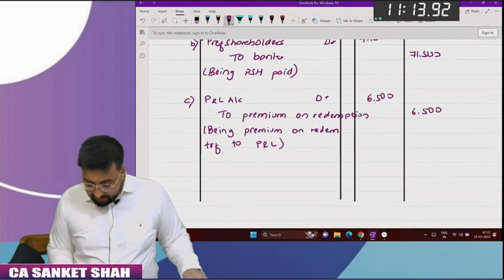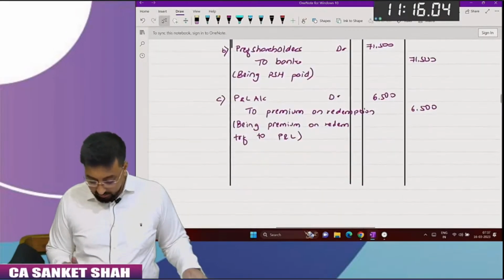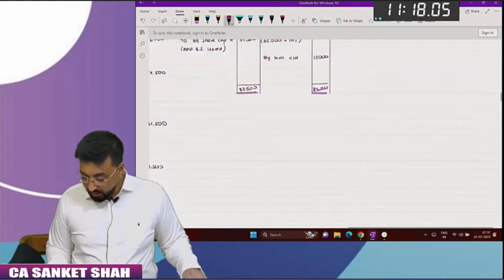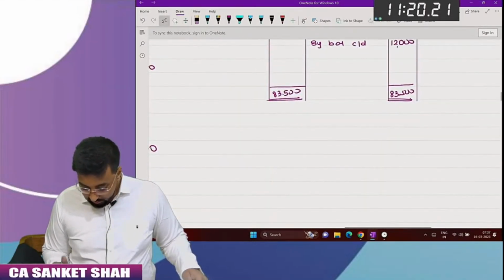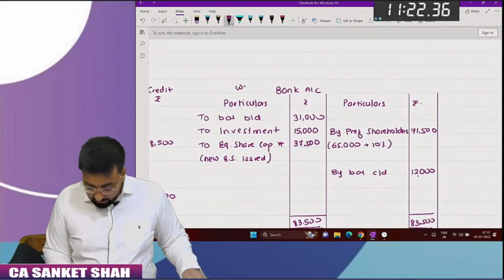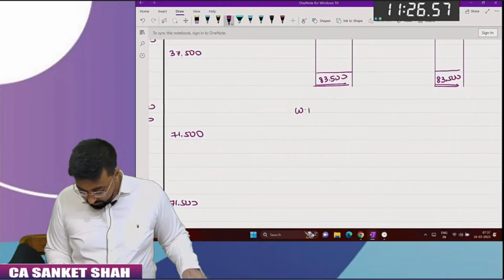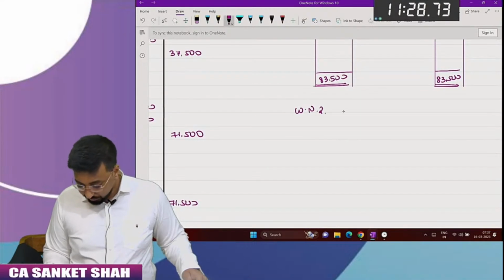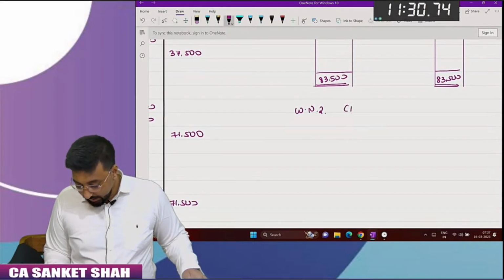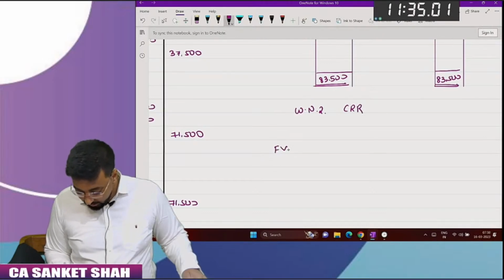And last entry beta, CRR. Now see the entry, working note 2. So this is working note 1, bank balance. And working note 2, CRR. So what is the face value of preference share capital?